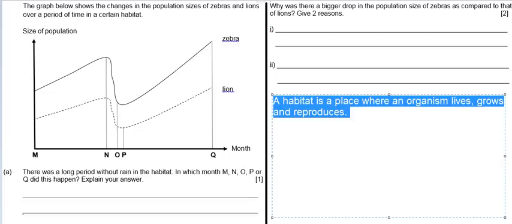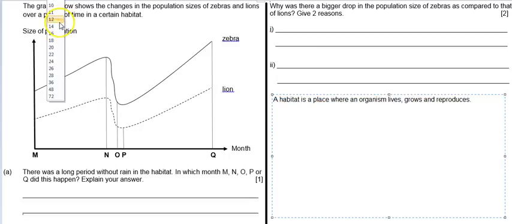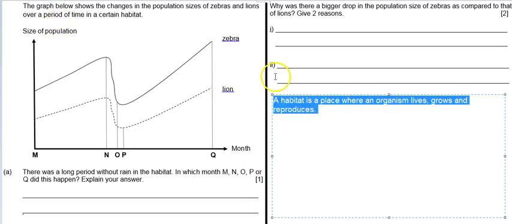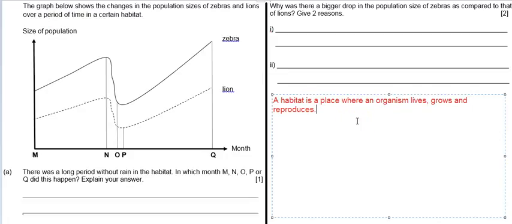This is a very important definition that you must know. Okay, a habitat is a place where an organism lives, grows, and reproduces. So the habitat here, for zebras and lions, could be the African savanna, or something very similar to that, right? So that's a revision for you.